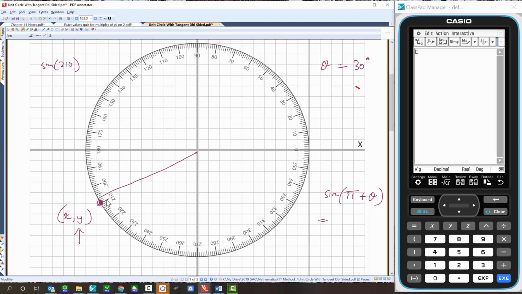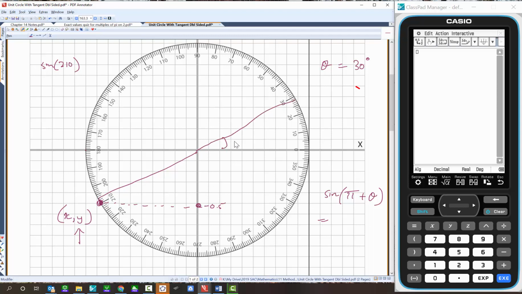All right, so what do we know? We know that this value here is going to be negative, because that's the y value. The y value there is going to be negative, and it looks to be roughly negative 0.5. All right, so how are we going to get this if we only know first quadrant? Well, let's do this.